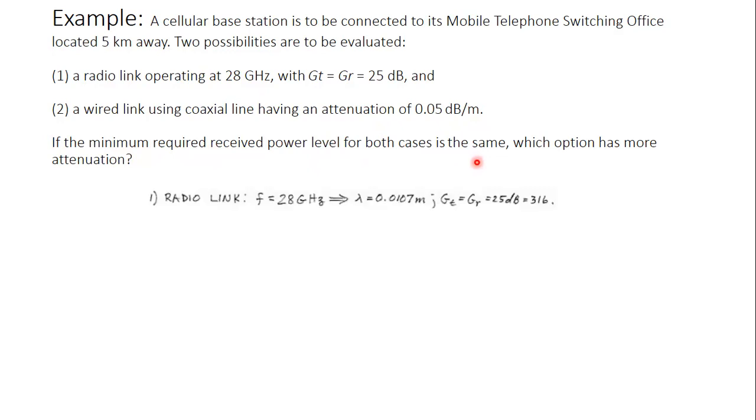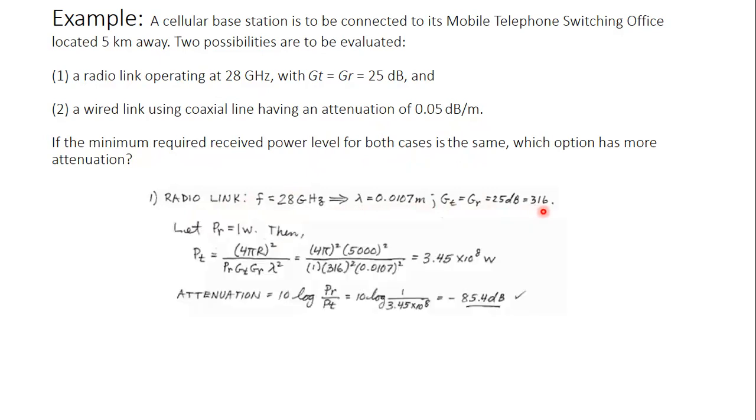If we see the solution of this example, the frequency of operation is 28 gigahertz, lambda is 0.0107 meters, and the gain is given as 25 dB, which is 316.